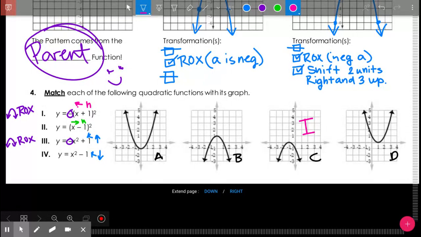That looks like D for 2. Okay, number 3, we've got a reflection. So opening down and shifted up 1 unit. Ooh, that looks like B. And last but not least, no reflection, but shifted down. That is definitely A. And that's how you can match these. It's not so bad.